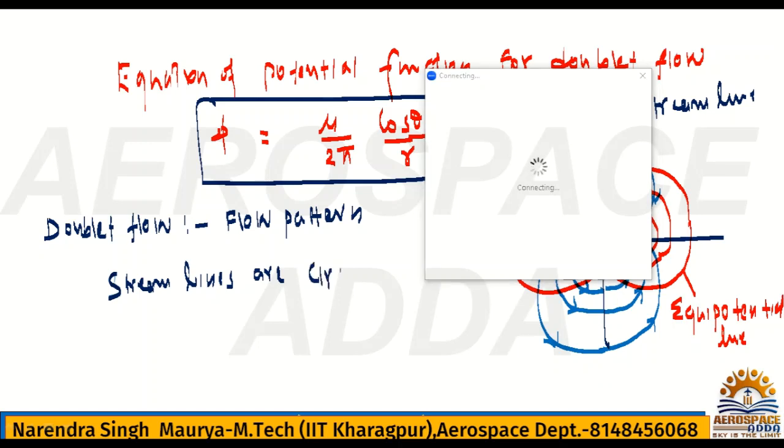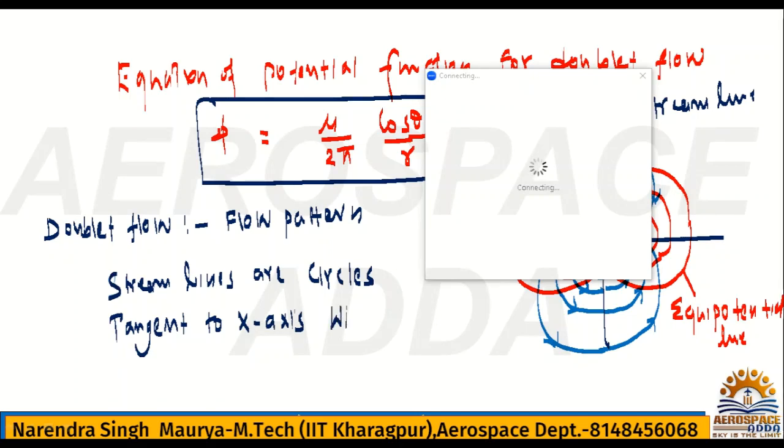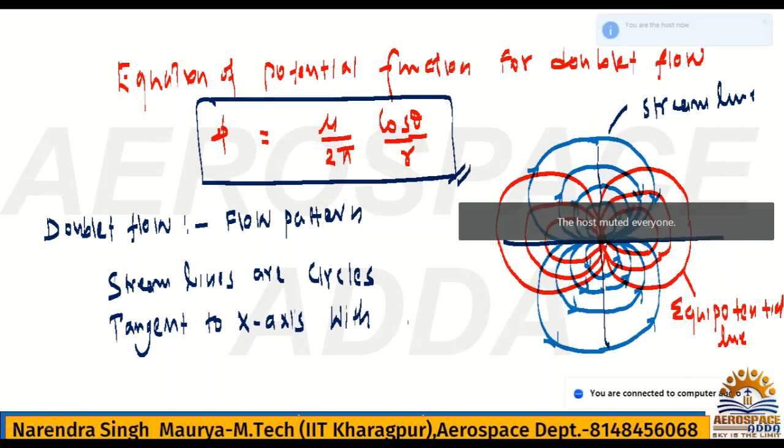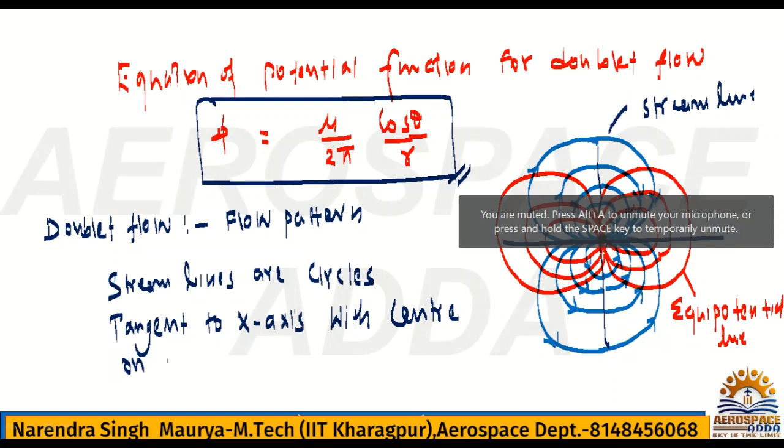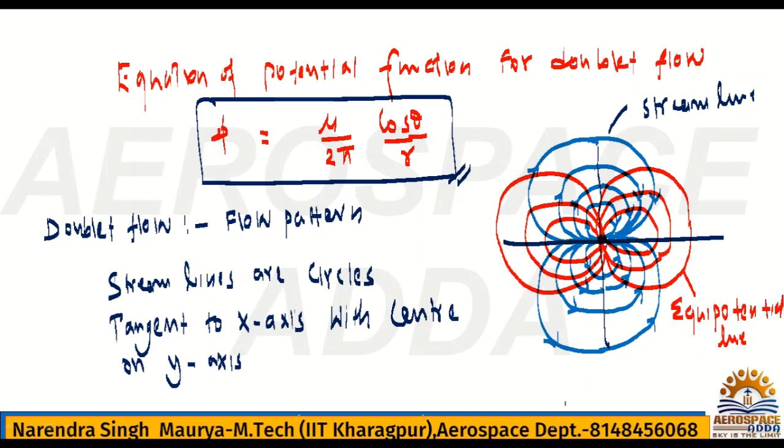Streamlines are circles tangent to the x-axis with center on the y-axis.